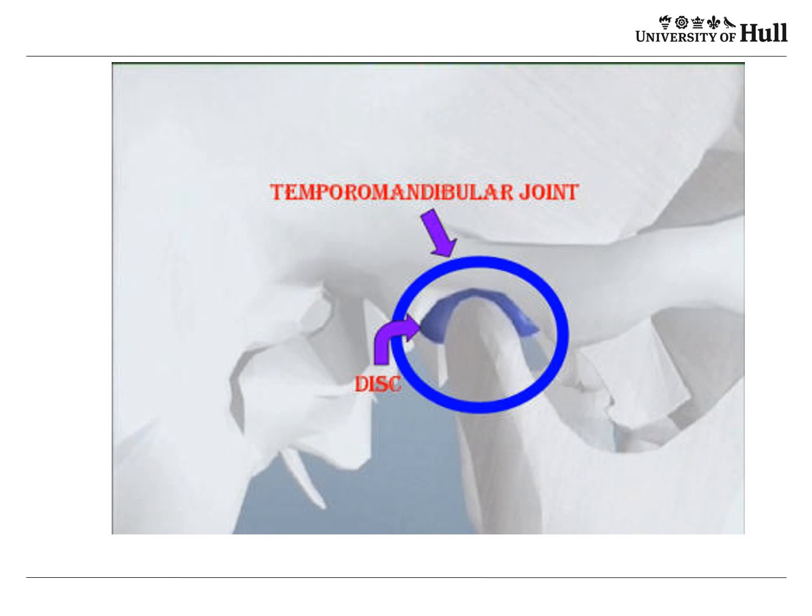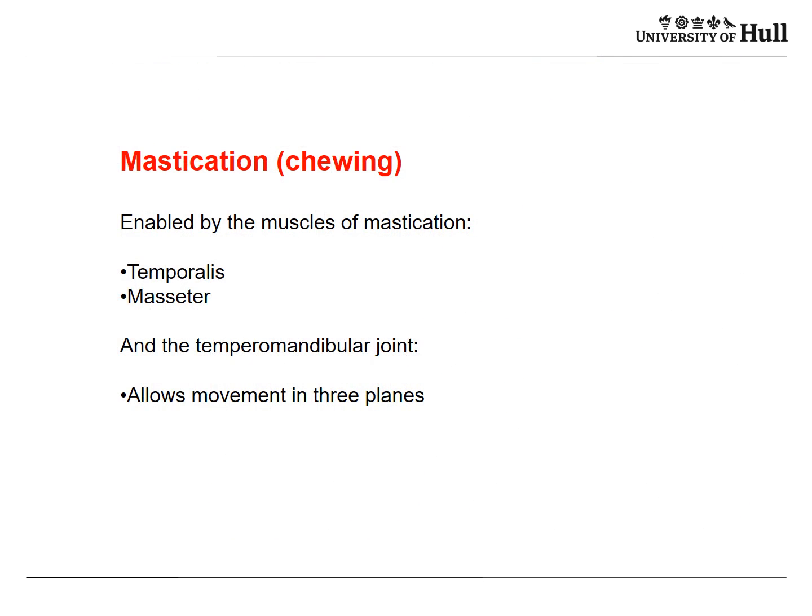There's a small disc of cartilage which the end of the bottom jaw sits in, and this can move in 3 planes. So the temporomandibular joint allows movement in 3 planes. And chewing is a prelude to swallowing food.